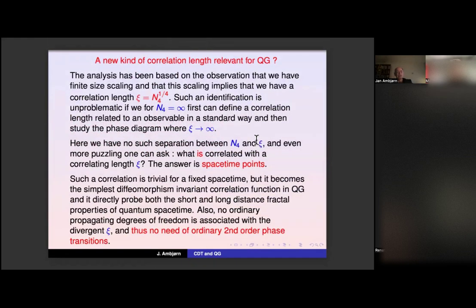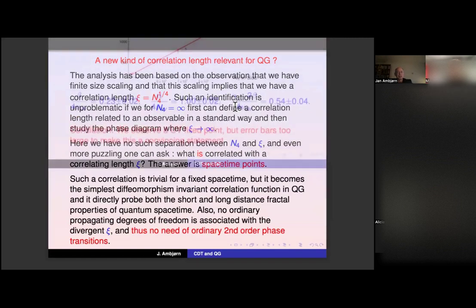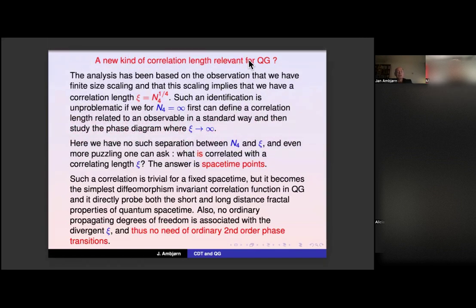So I will just use a few minutes here to talk about the correlation length, because I think this is quite important for lattice gravity. The whole analysis here has been based on the observation that we have finite size scaling, and that this scaling implies a correlation length xi equal to N4 to the 1/4.